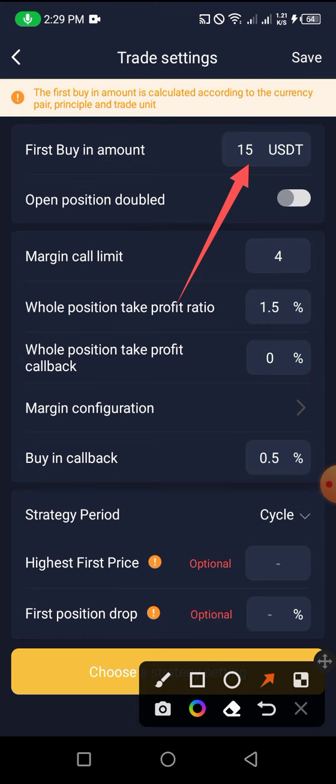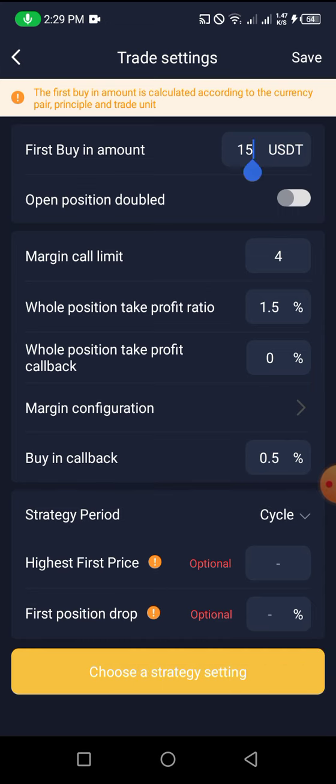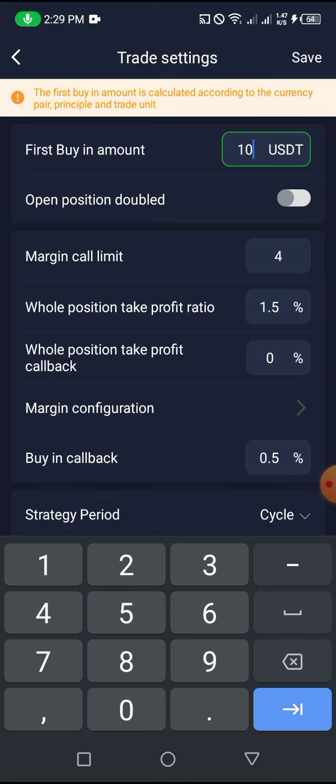If, for example, you want the robot to use $100 to enter this particular trade, you'll change this 15 to 100. So let's assume that I want to use $100. So I'll tap on that area and change this to 100, right?